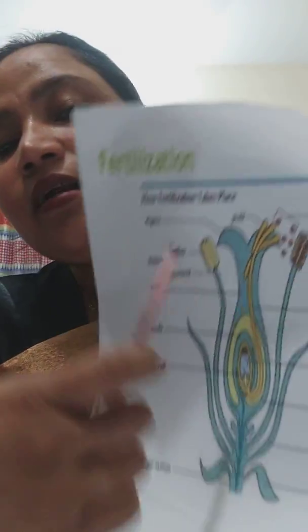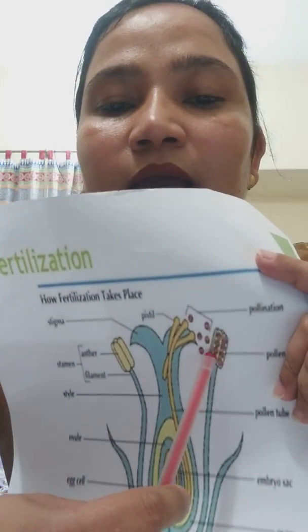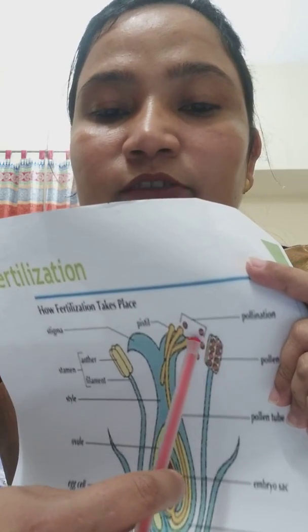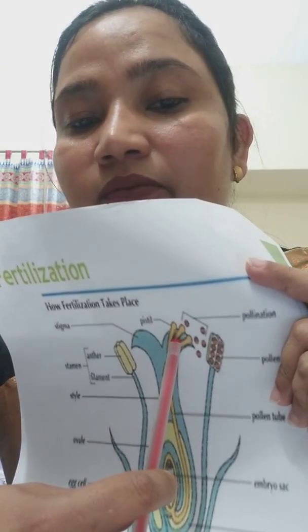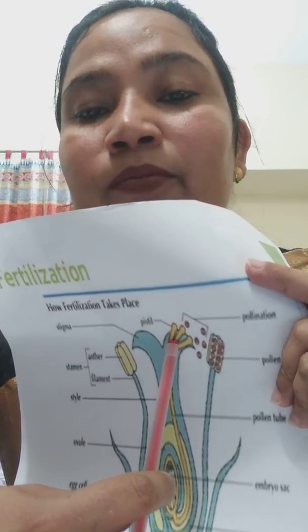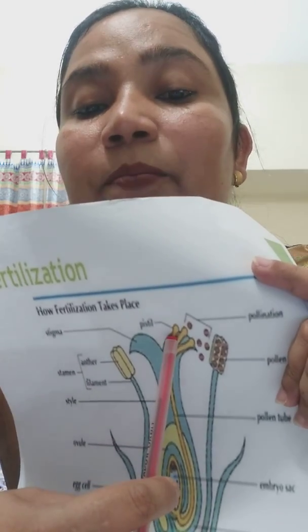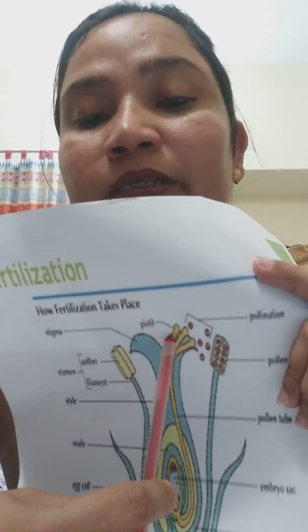So here is a picture of fertilization. The pollen grains are transferred to the stigma of a flower. It's called pollination. In the stigma, there is a special type of protein.